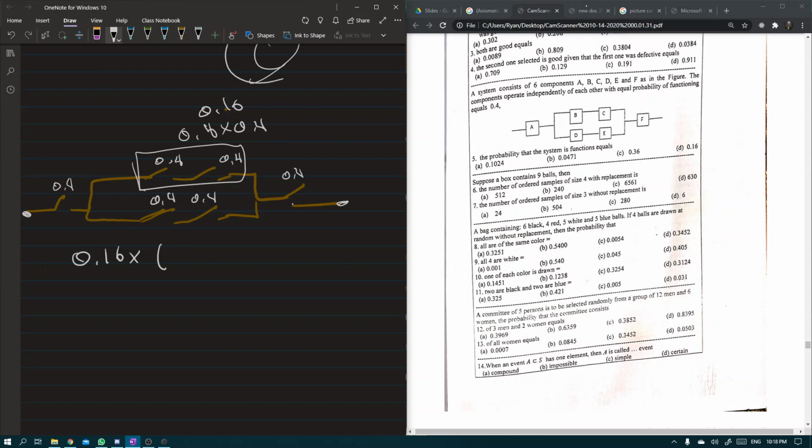Now these are in parallel, so we only care about one of them working or both of them working.